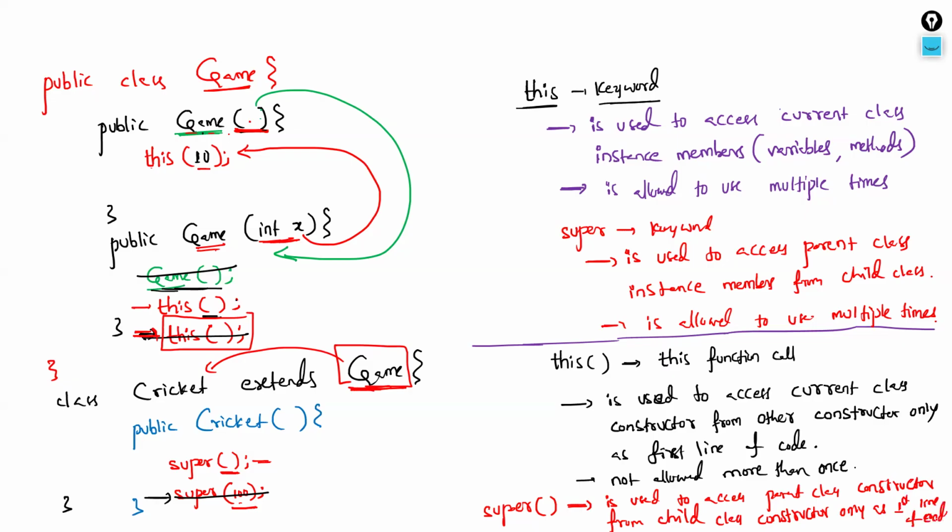We can't write it on the second line, third line, or outside the constructor. So this is about this function, super function, and inheritance through constructors. Clear? I don't know what the time is, but beyond this, I don't take more. It leads to confusion.